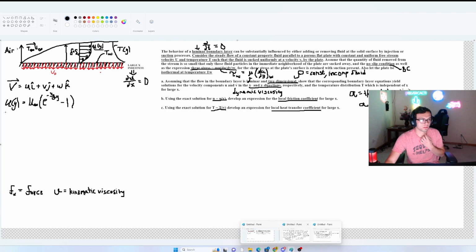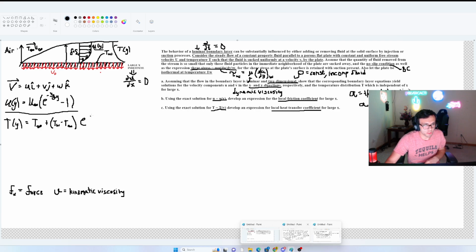That's the velocity distribution, and the temperature distribution is T sub infinity plus what we just wrote out. But this one is exponential of the minus V sub O over alpha Y. Okay, so with these two, we could solve parts B and C pretty quick.